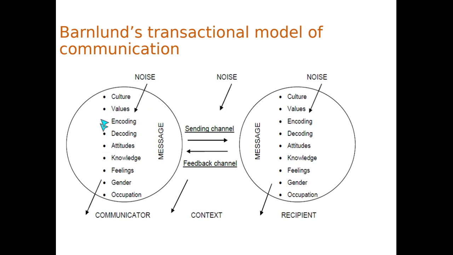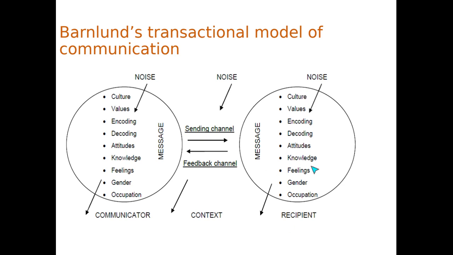These are examples: culture, values, the way we encode messages, the way we decode messages, what our attitude is, what our knowledge, feelings, gender, occupation, age, all those things make up the way we encode a message, the way we send a message. Then culture, values, attitudes, knowledge, feelings, gender, occupation, all influence the way we understand a message.